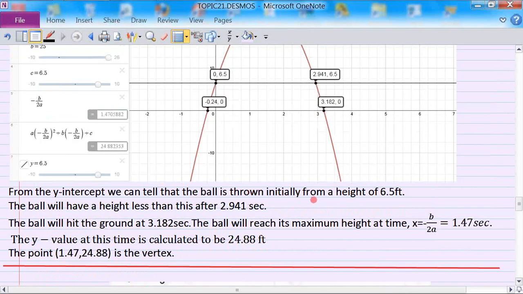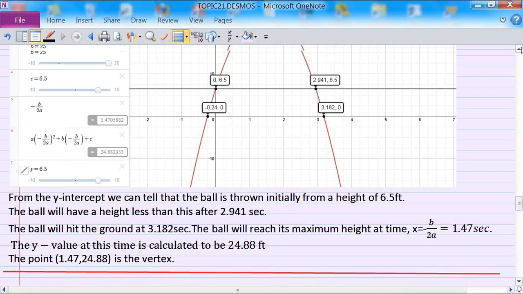So, from the y-intercept, the ball is thrown initially from a height of 6.5 feet. The ball will have a height less than this after 2.941 seconds. That's right here. It drops below 6.5. The ball will hit the ground at 3.182 seconds. That's right here. The ball will reach its maximum height at 1.47 seconds.